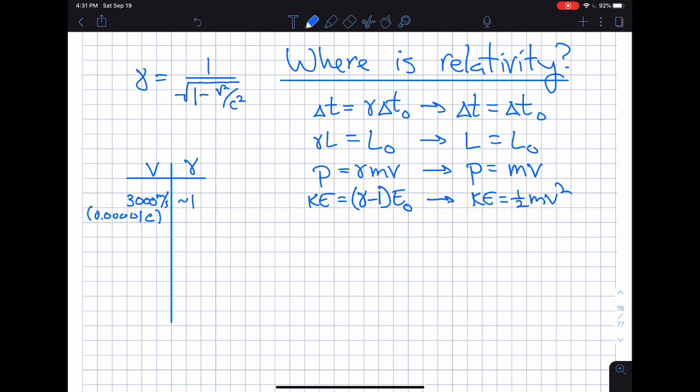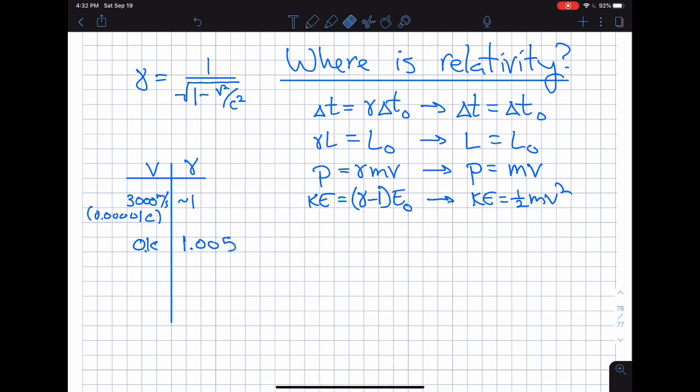But the point is, in our daily lives, our speeds are so small compared to the speed of light that the Lorentz factor is essentially 1, no matter what interactions we're having, and so we don't see any relativistic effects. Let's look at some higher values for v. Let's say 10% of the speed of light, so 0.1 c. That's 1 minus 0.1 squared, take the square root, and I get 1.005.